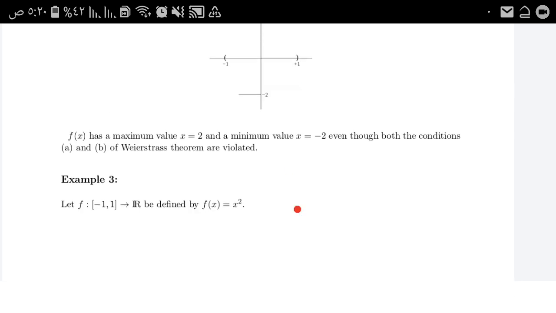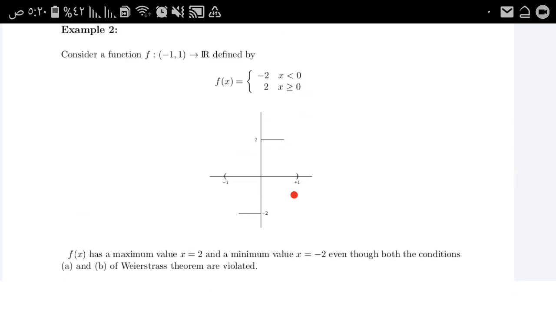In example 2, the conditions of the theorem are not satisfied. As you can see, this function is not continuous, but it has both maximum and minimum. So if the conditions are not satisfied, we should consider the function, try to plot it, and decide if it has maximum or minimum or not. It depends on the function.